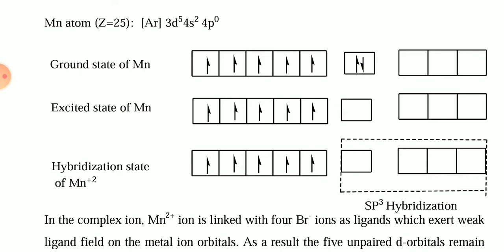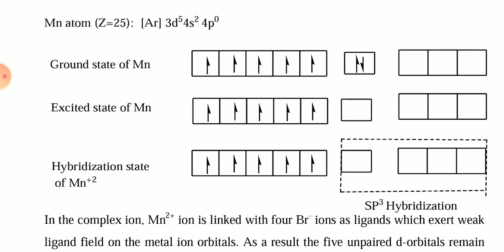The Mn has the electronic configuration Ar 3d5 4s2 4p0. Here is the ground state: you can see the d orbital has 5 electrons and the 4s orbital has 2 electrons. In the excited state you can see only the 5 electrons present in the d orbital.